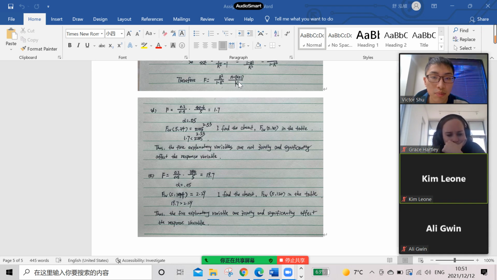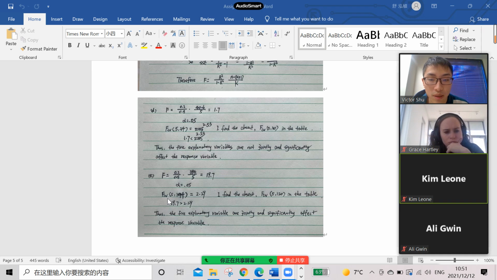In part D, I plug in n equals 40, and in part E, instead I will plug in n equals 400. This is one difference. Another difference is when I find the F critical value, I have to find the degrees of freedom in the numerator and the degrees of freedom in the denominator. The degrees of freedom in the numerator are just the same, it's 5.